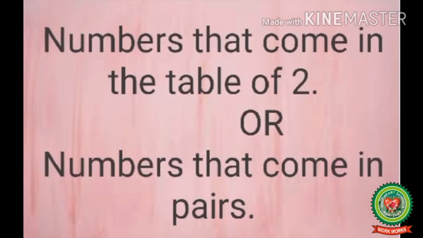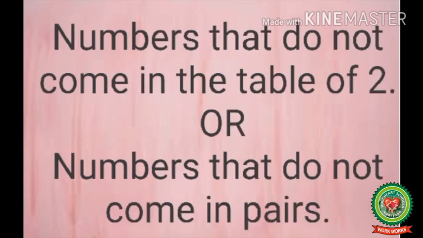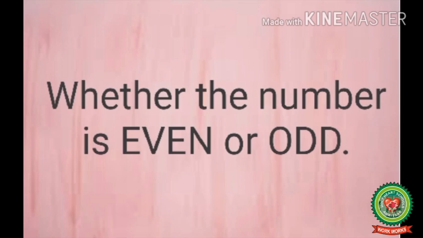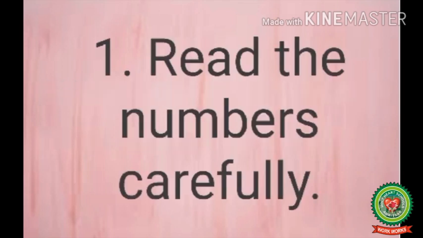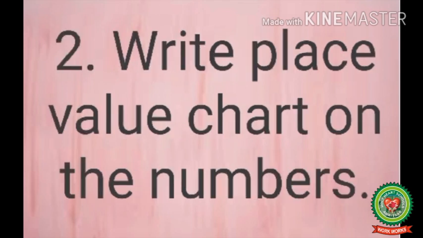Now let's recall what we have learned today. First we have learned the meaning of even numbers and then the meaning of odd numbers. After that we have learned whether a number is even or odd by following these steps. Step 1: Read the numbers carefully. Step 2: Write the place value chart on the numbers.